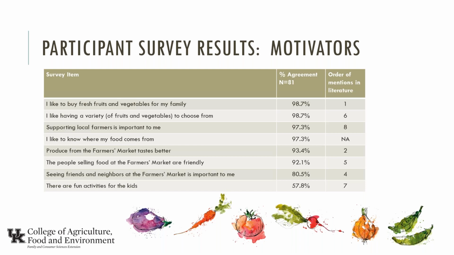But for low-income Kentuckians, the ability to know where their food comes from and to support local farmers was very important, whereas looking at it on a national stage, that was much lower and wasn't even mentioned in national literature as far as knowing where their food comes from.